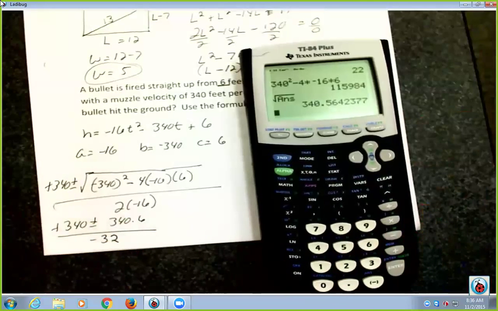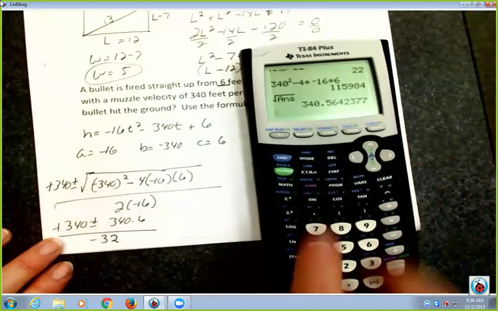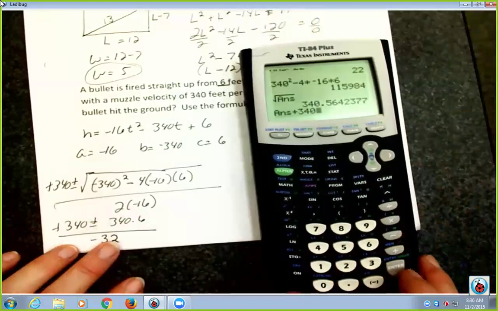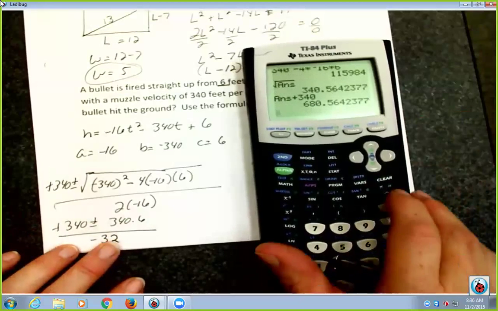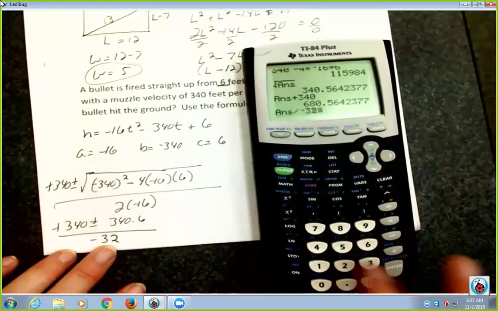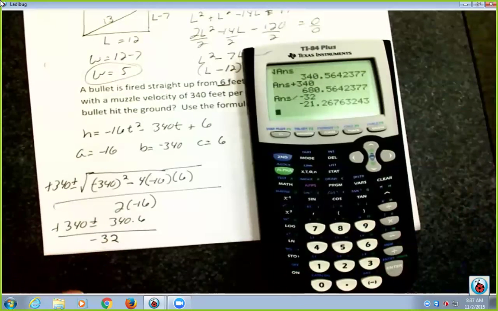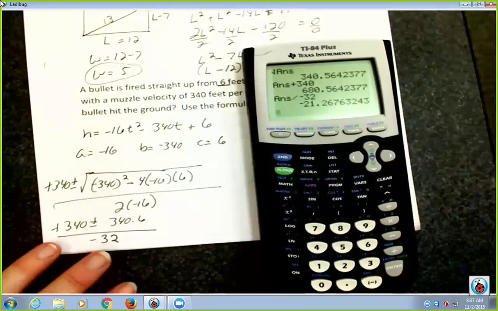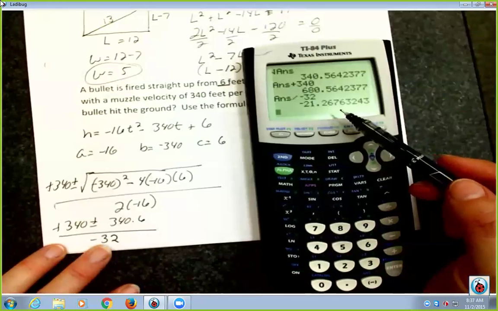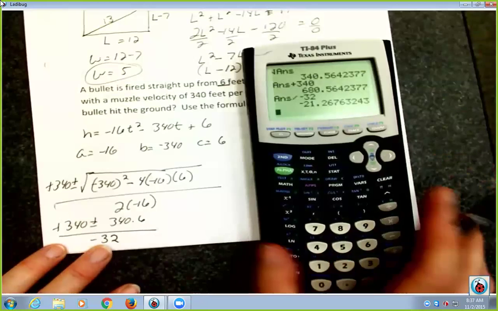So now if I finish it and I go my positive route, so this plus 340 equals that, but when I divide it by a negative 32, it becomes my wrong answer. Okay? So it's not going to be the correct answer that I need because it's negative. So I can't have a negative value with this because I can't have a negative time.